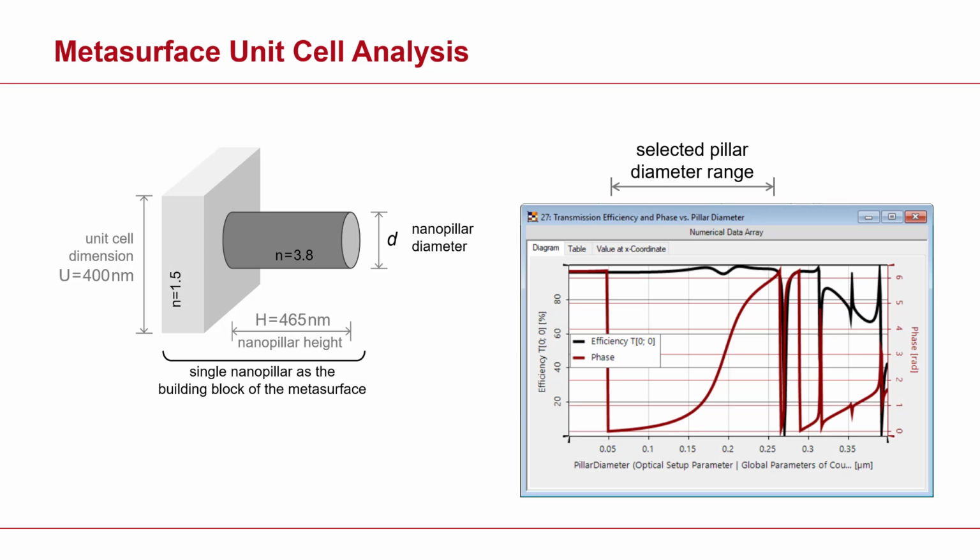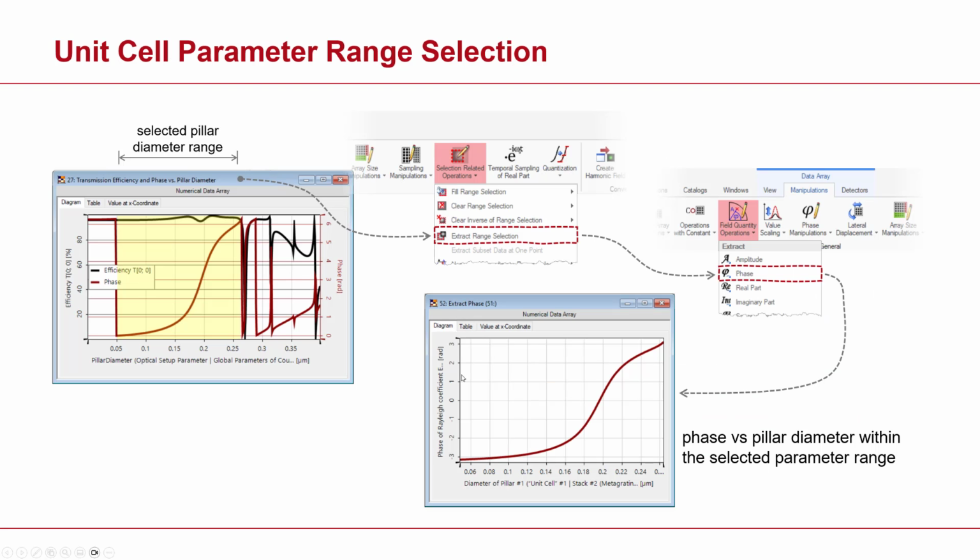So we have established this relationship, we have this starting point. And now, remember, from the previous step, we also have that result of the IFTA, that phase distribution that we want to realize. So we take this curve and we invert it. First, we extract the range that we're interested in.